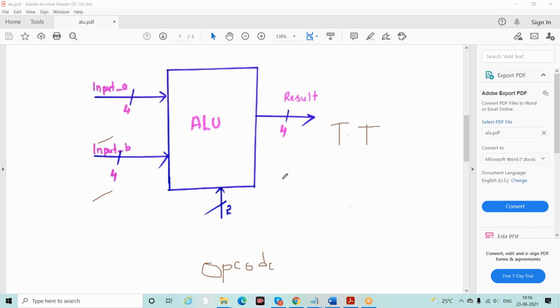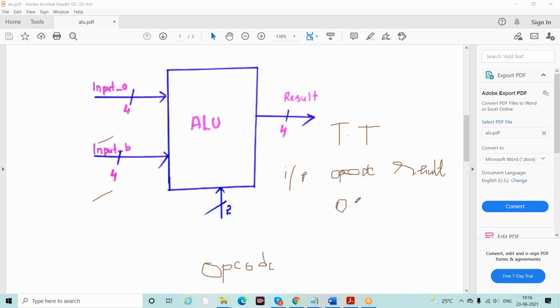The inputs, then the opcode, and finally the result. Input you already know: input A and input B.